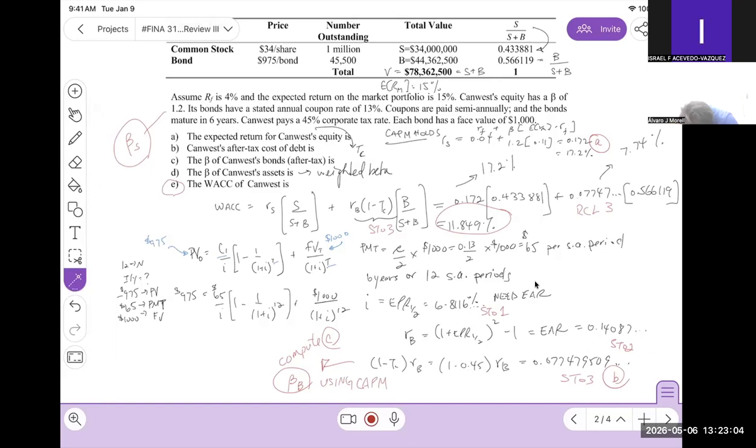So basically it's risk and return, risk and return. So if you have the measure of risk, you can get the return using the CAPM, but also the other way around. If I have the return, then I can use the capital asset pricing model to get the risk. That's what you got to do there.